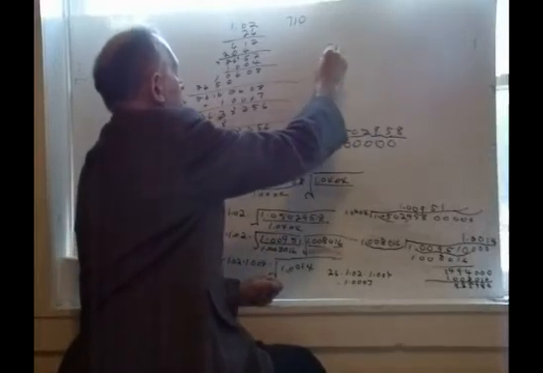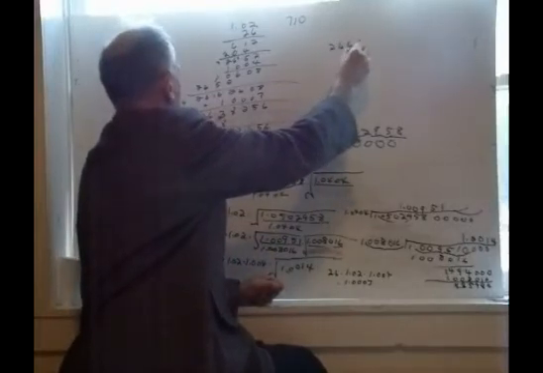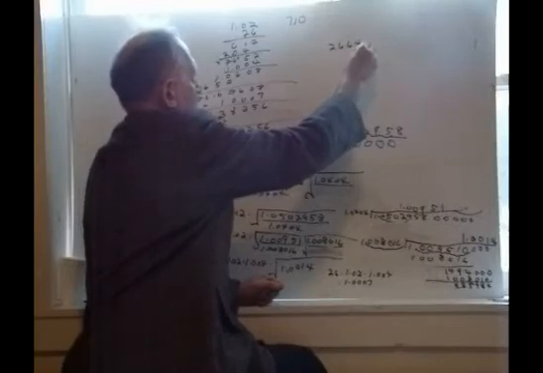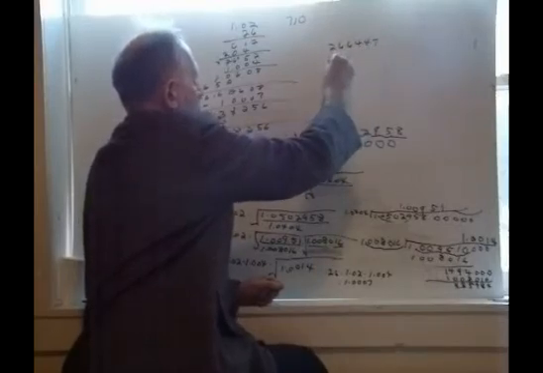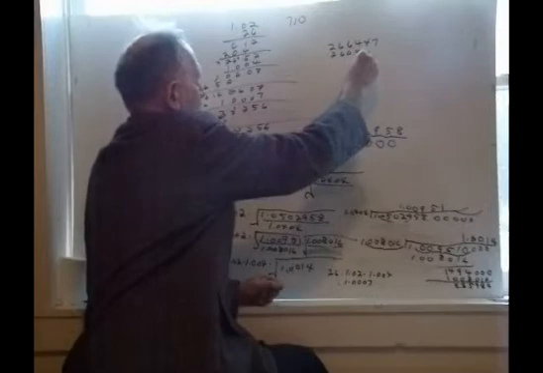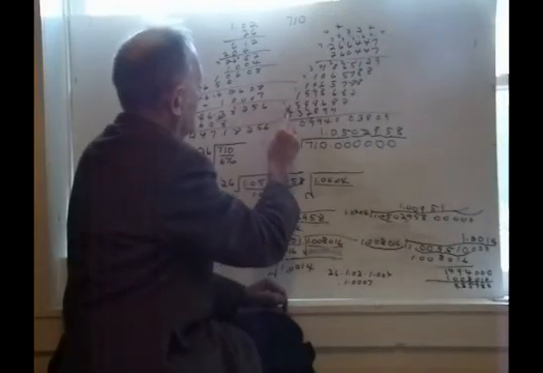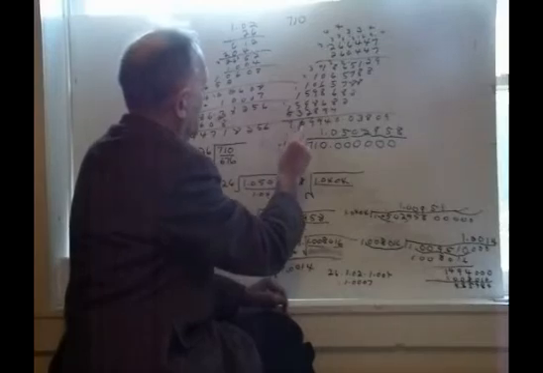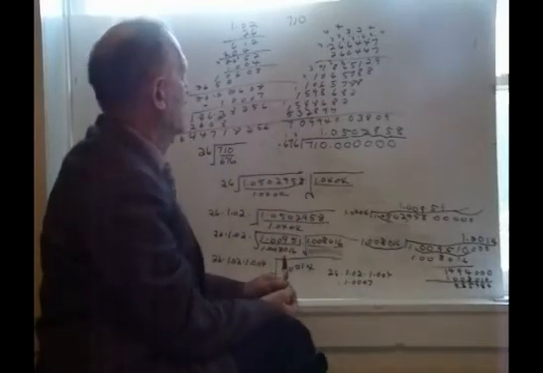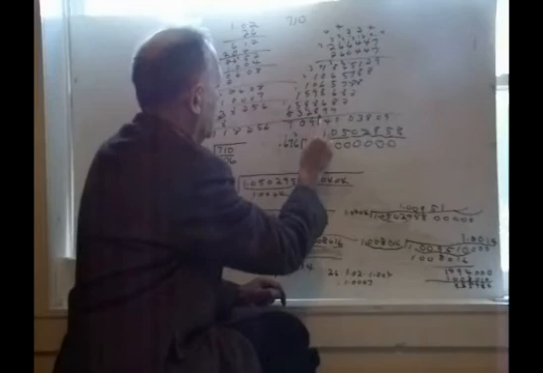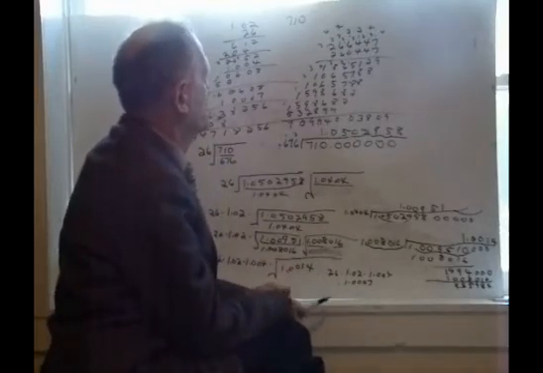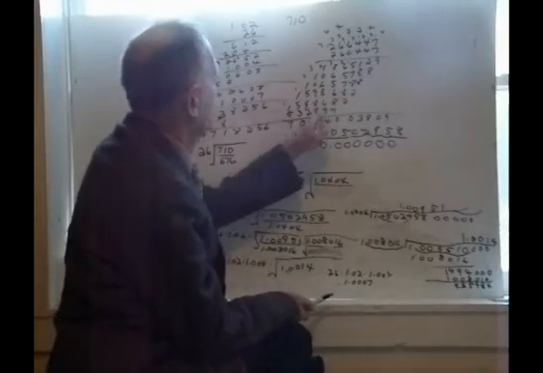It's going to be 26.64447. Let's see what happens. 5, 6, 7. Okay, so we end up getting 709.94. I guess that's reasonably close.